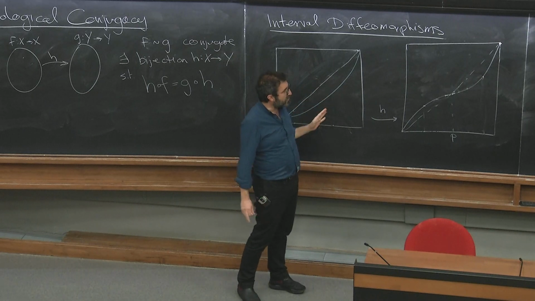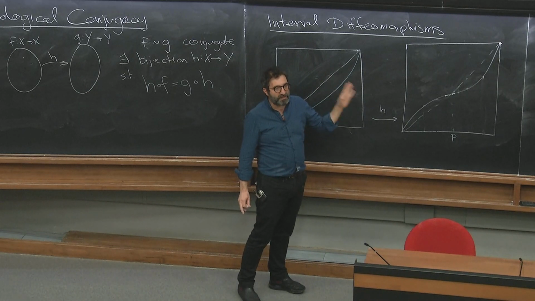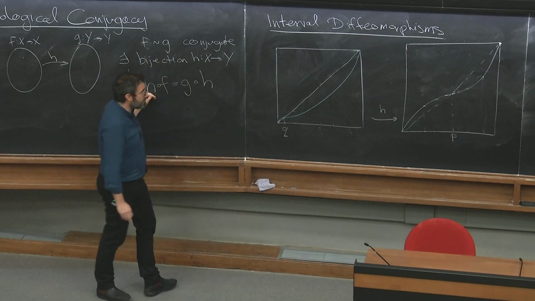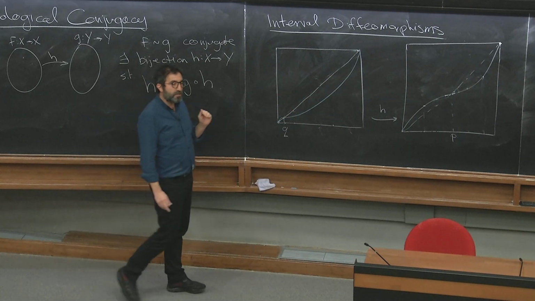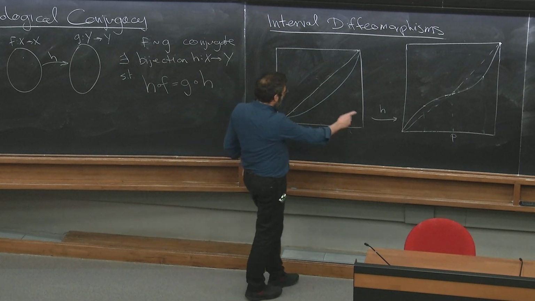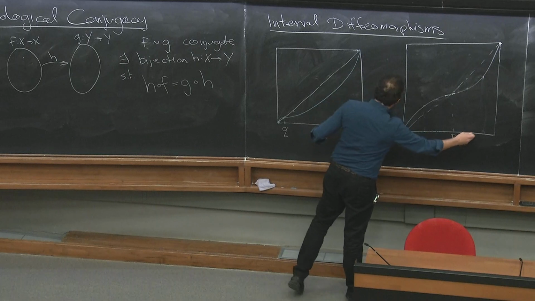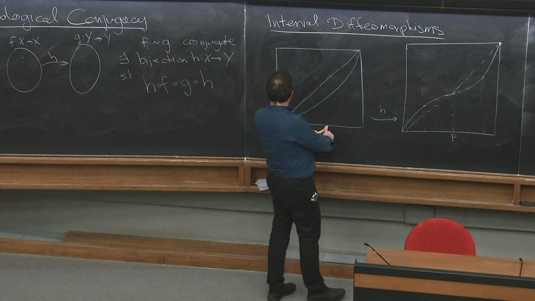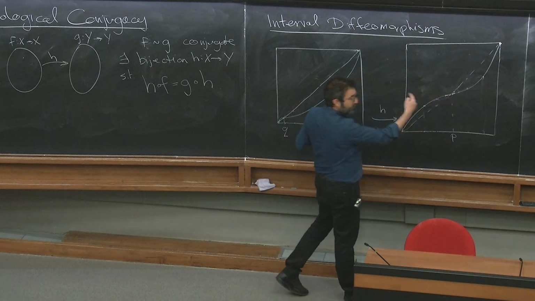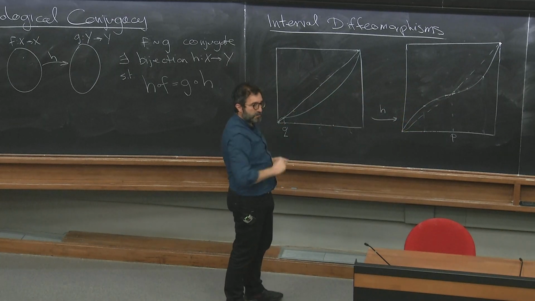So it preserves the property of whether a point is fixed or periodic or not. If H is a homeomorphism, then it also preserves the omega limit sets. So if H maps this point to this point, and the omega limit set of this point is this periodic point, then H must map the fixed points or the periodic points to themselves.